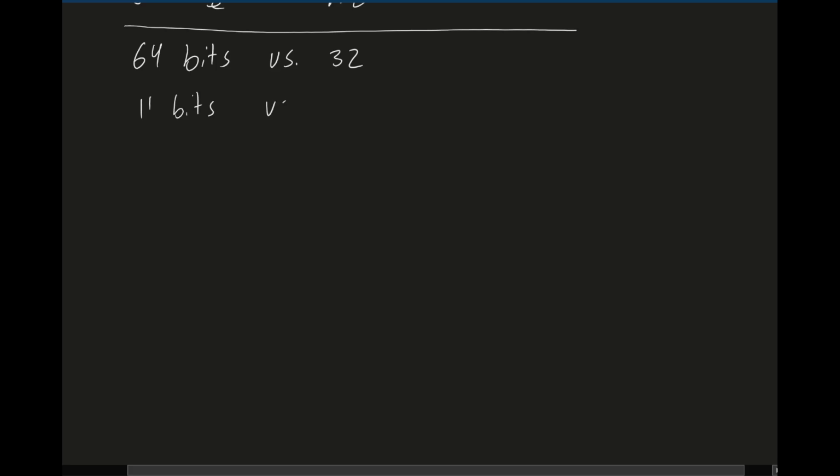Nonetheless, like I said, I'm not going to go into details with the double and quadruple precision for the IEEE format, but I can tell you for the double precision, you actually have 64 bits instead of 32 for the single precision. You have 1 bit for the sign, same thing, and then you have 11 bits for the exponent, versus 8 that we saw earlier, and the remaining bits will be for the mantissa.